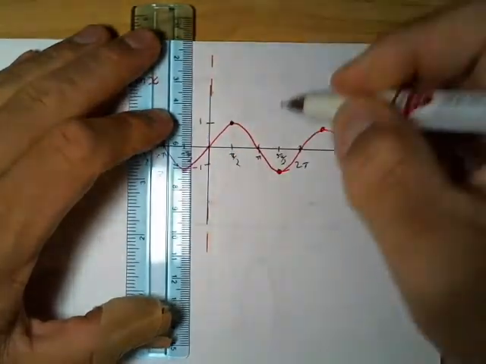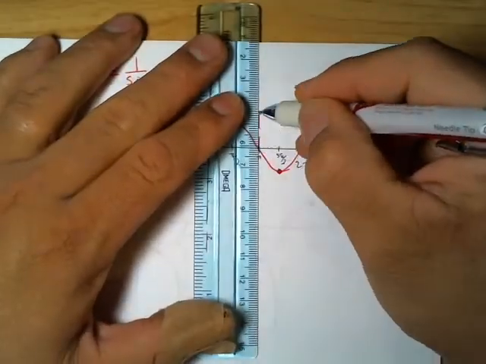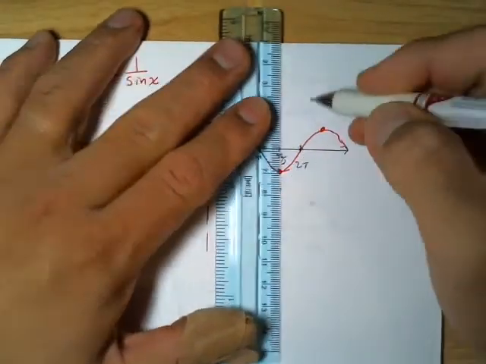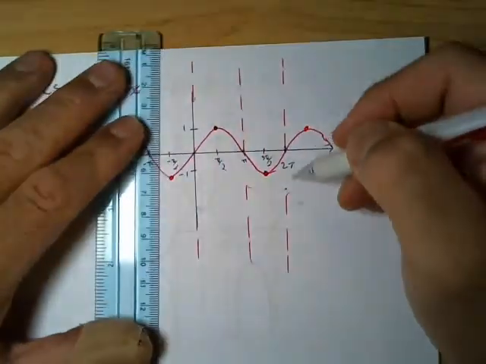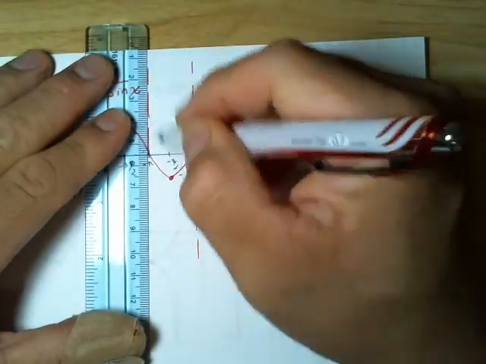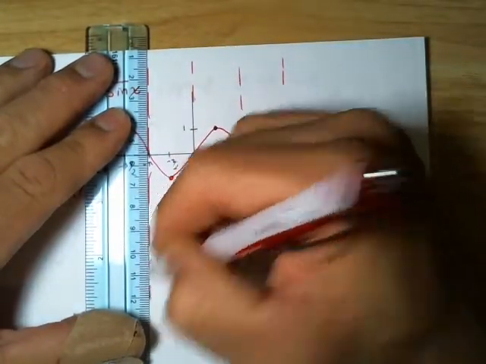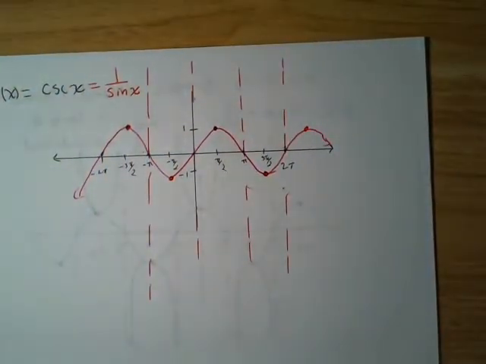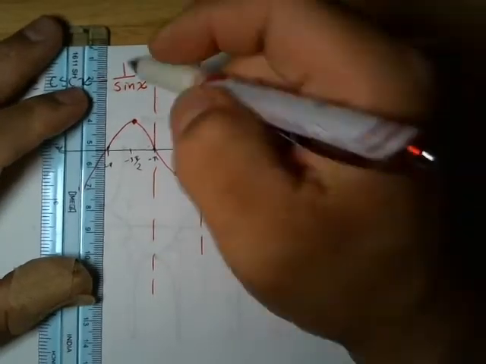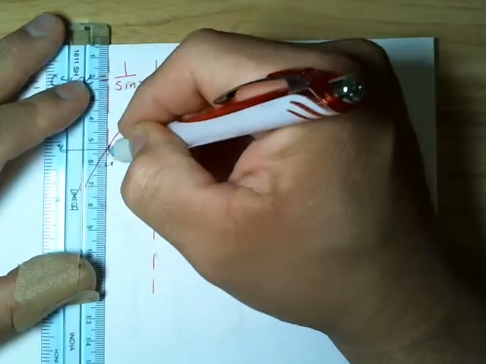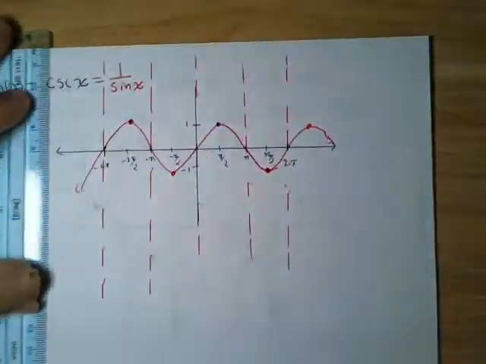So the y-axis is an asymptote, pi is an asymptote, 2 pi, negative pi is an asymptote. And let's do this one as well, negative 2 pi.